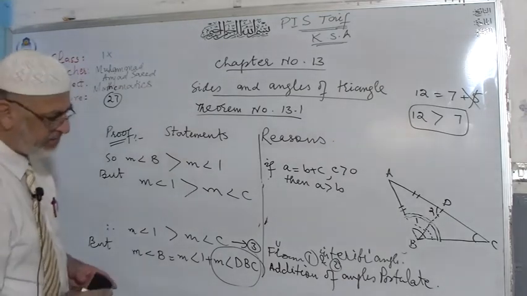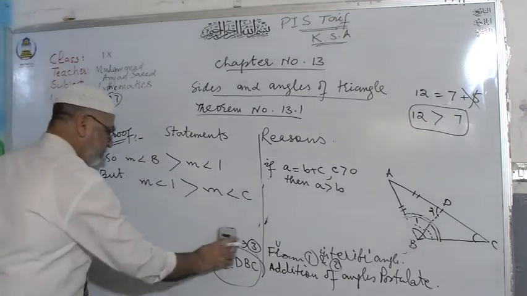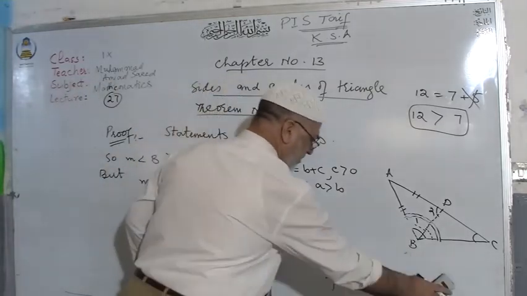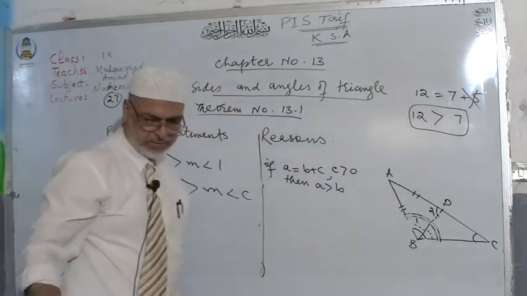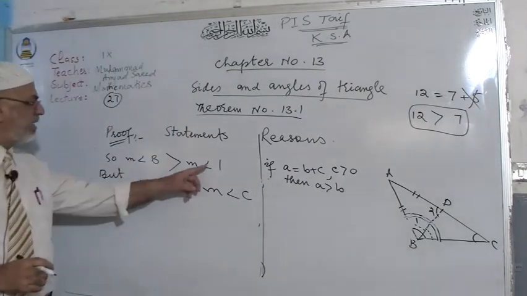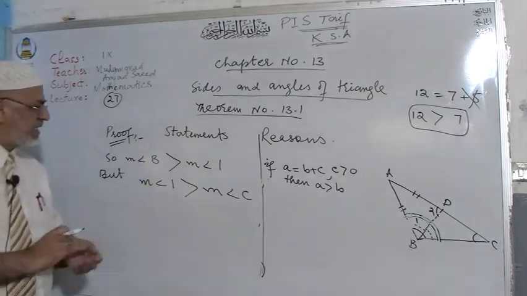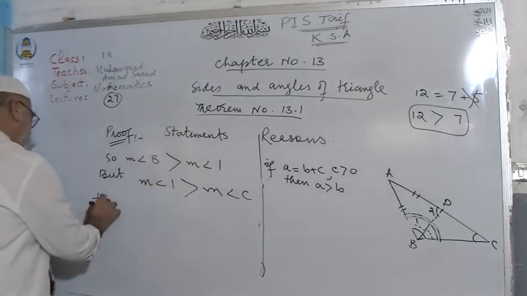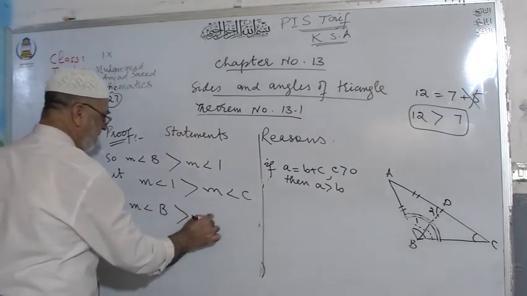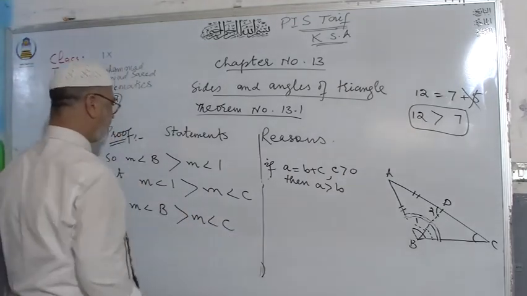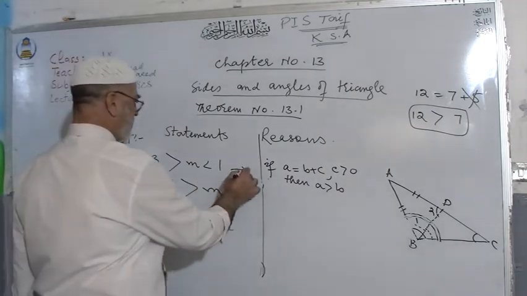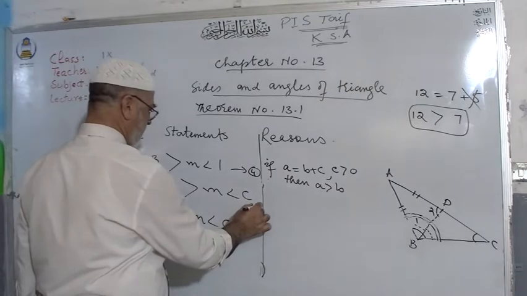After that, we have angle B is greater than 1 and angle 1 is greater than C. Then angle B is greater than angle C. You can name it as 4 and 5, suppose.